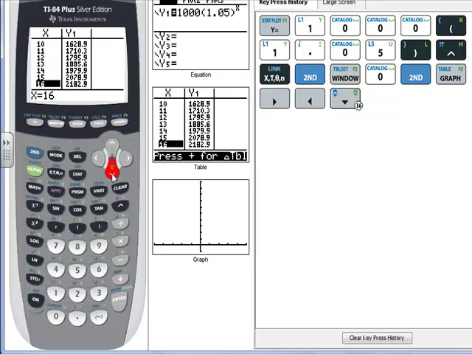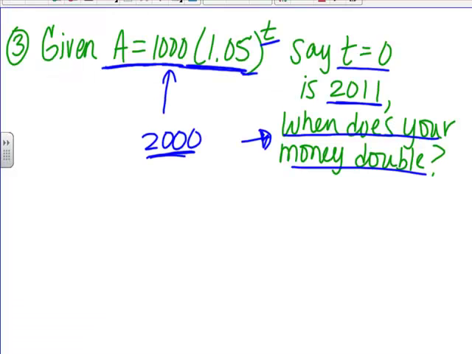And so if I notice here, after 15 years I'm above 2,000, and after 14 years I haven't quite gotten there, so I'm going to have to go to 15 in order to get to 2,000. So then I'm going to come back over here again, and I'm going to say, well, when t equals 15, that is going to be when my money has doubled. I need to go at least 15 years to double.